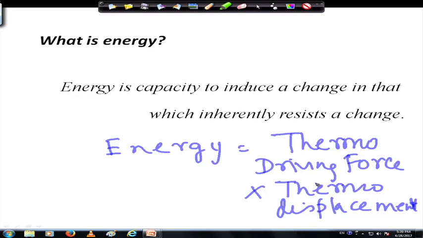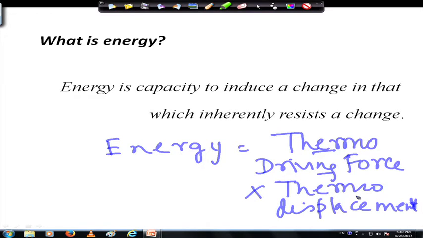So, just like physics, we define energy as the product of two quantities. One is a thermodynamic driving force and the other is a thermodynamic displacement.